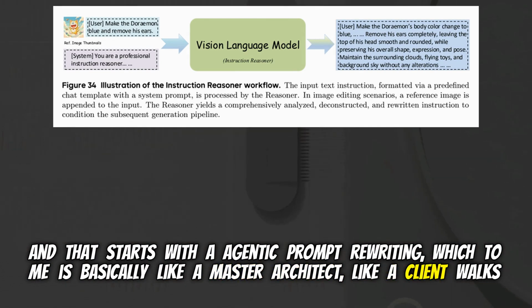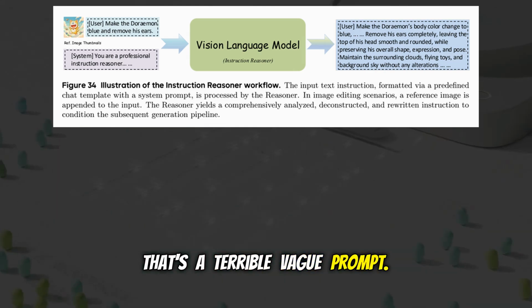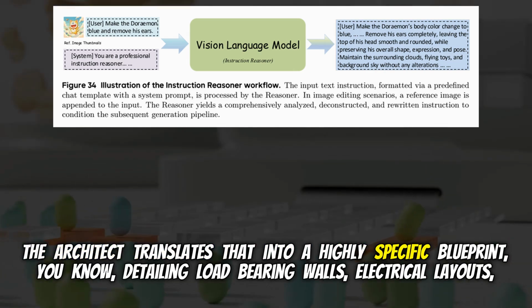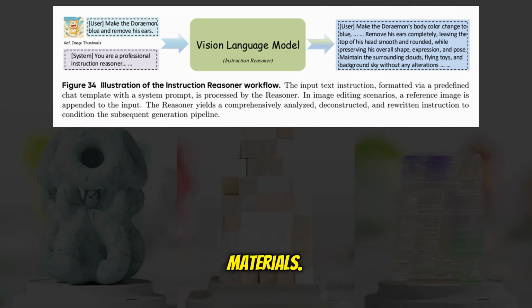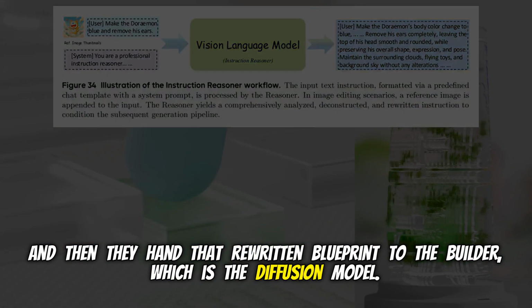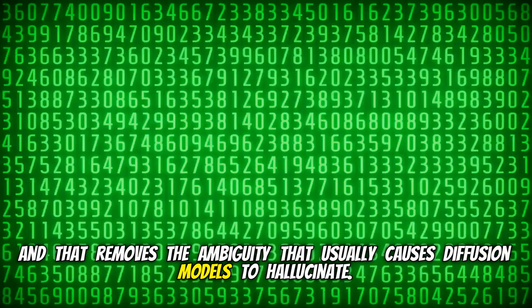Oh, totally. Like a client walks into an office and says, I want a nice house. That's a terrible, vague prompt. The architect translates that into a highly specific blueprint, detailing load-bearing walls, electrical layouts, materials. And then they hand that rewritten blueprint to the builder, which is the diffusion model. And that removes the ambiguity that usually causes diffusion models to hallucinate.